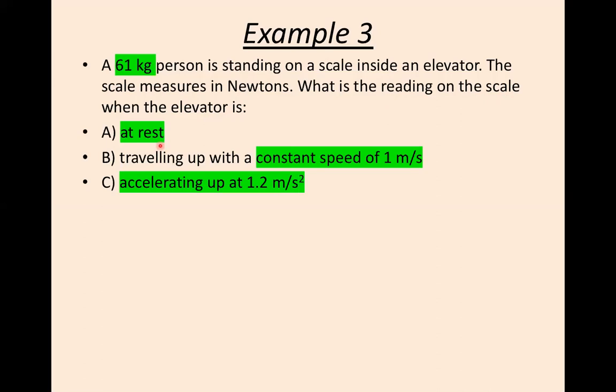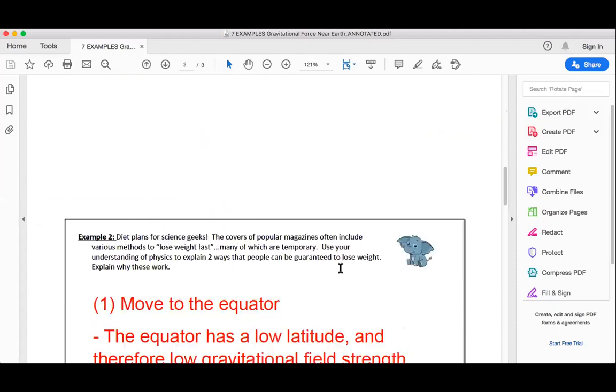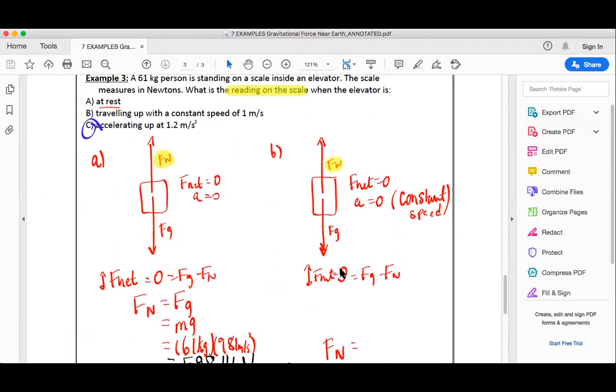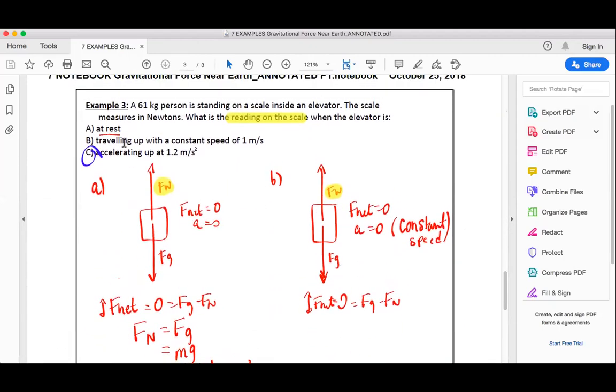So let's highlight our givens and identify what we are solving for. We're going to draw a free body diagram of an object at rest. This is the free body diagram of the person standing in the elevator.